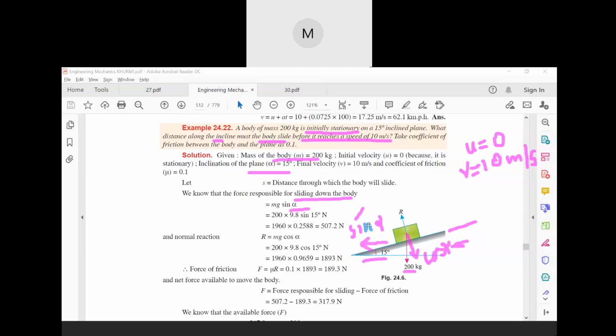Because of this sin only, the body is moving in this direction, no? So that is why mg sin alpha. Now we know m, we know g, we know sin alpha. Alpha is 15 degrees. So this one we got.